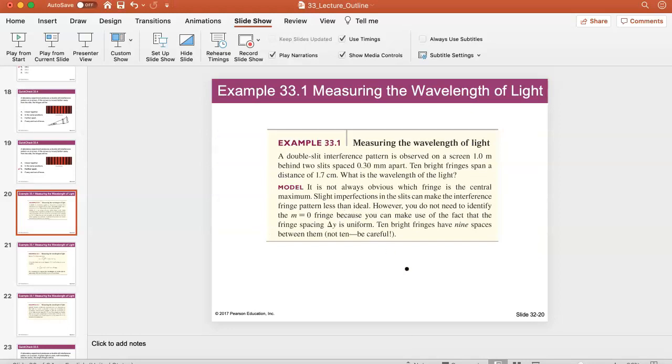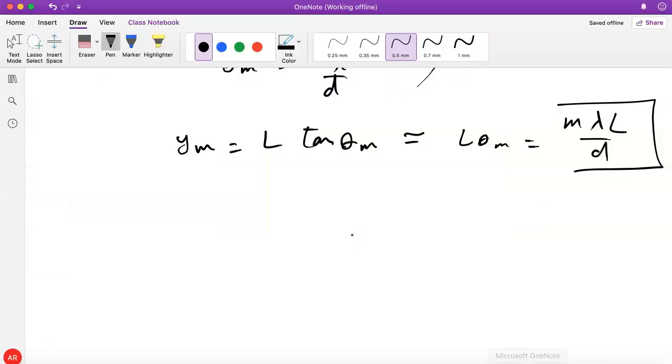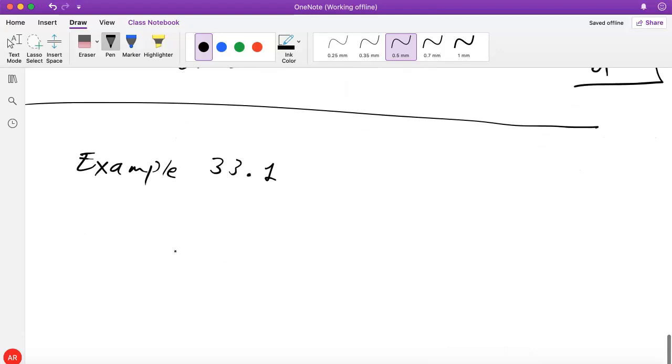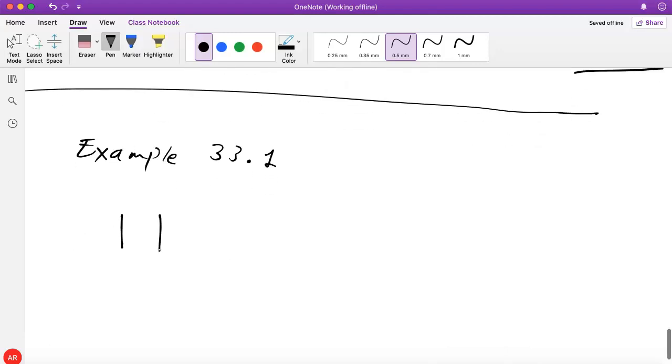So example 33.1. It says 10 bright fringes. You have 10: 1, 2, 3, 4, 5, 6, 7, 8, 9, 10.